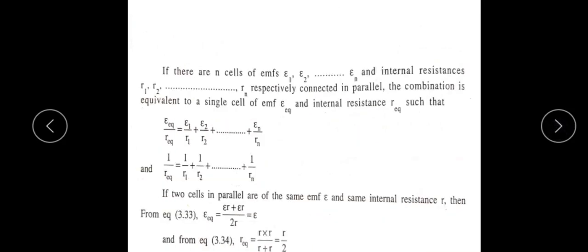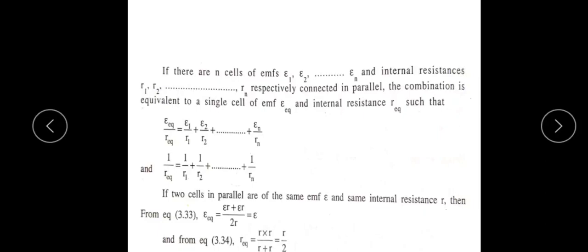Hence in such a condition, the formula is like this. This is another case: if n cells are connected, with EMFs E1, E2, E3, and so on up to En, and internal resistances R1, R2, R3, and so on up to Rn respectively, and those cells are connected in parallel, then the combination is equivalent to a single cell with EMF E equivalent and internal resistance R equivalent.